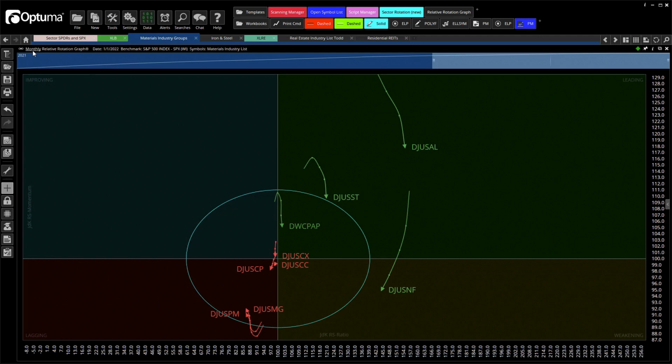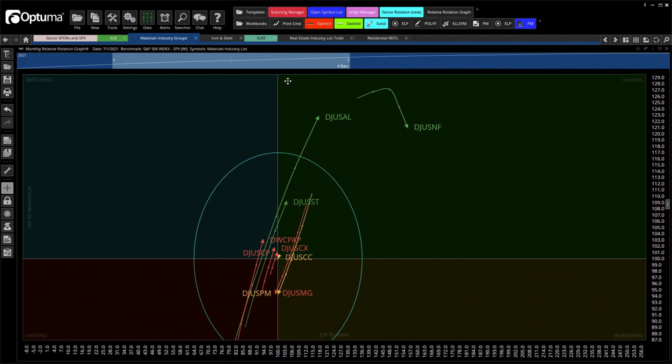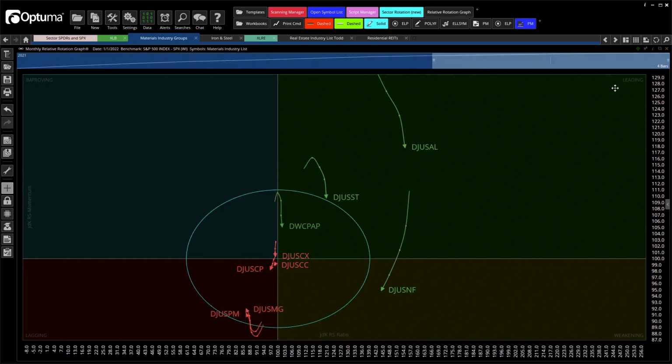So the weekly rotations, we're looking anywhere from say 3 weeks to 9 months in the future, but the monthly rotations are going to be used for much longer term, for really investing cycles. And when you find sectors that have been in this leadership condition in the monthly cycle for a very long time, these are the best groups to hold on to.